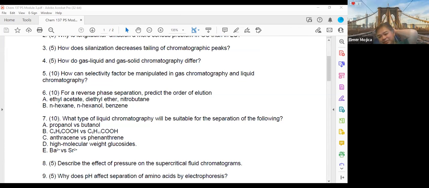So if you look at the formula, alpha is K of B over K of A, right? Or paano natin gagamitin to kapag meron tayong chromatogram? Retention time of B minus the void volume over retention time of A minus yung retention time ng void volume natin or T0.